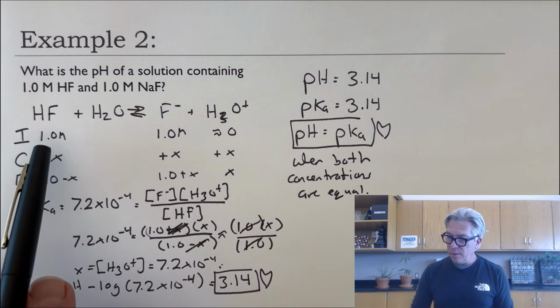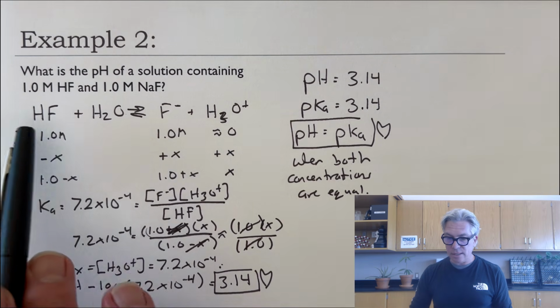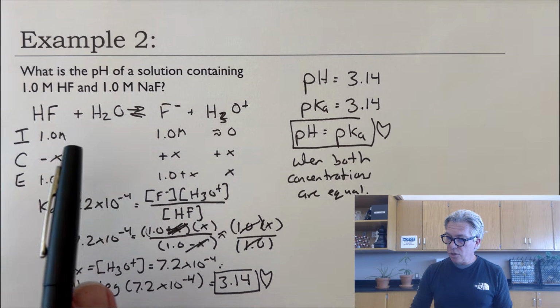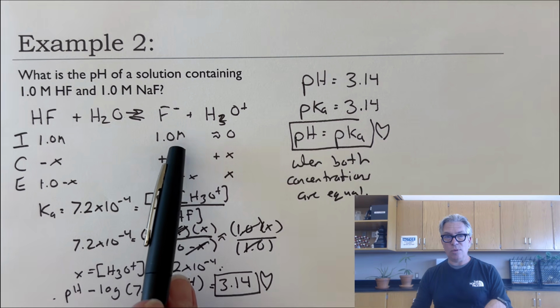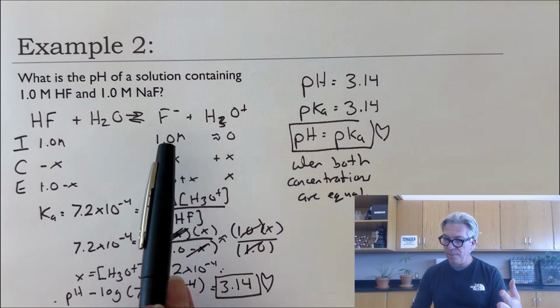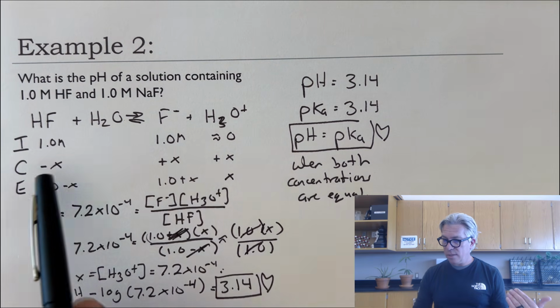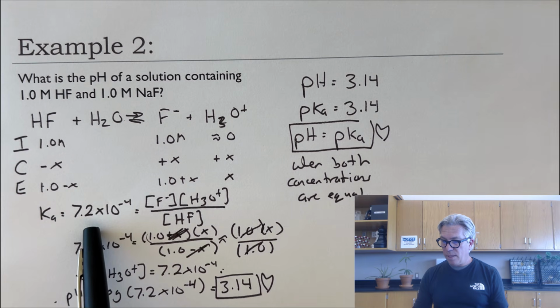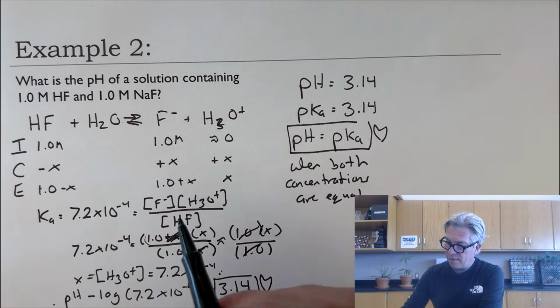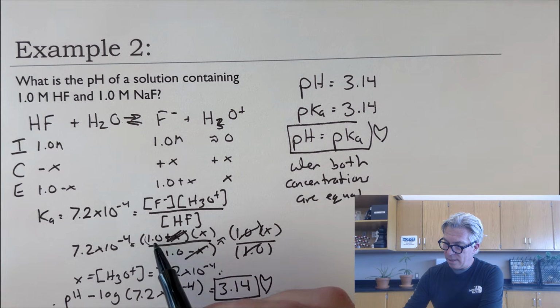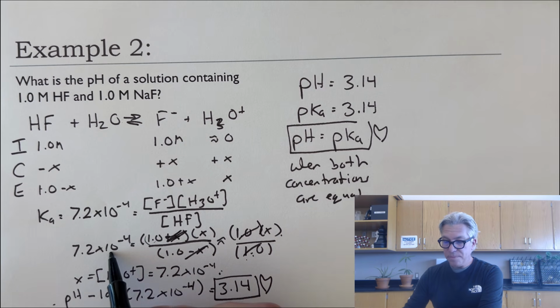So here we go. You can set up an ice table for that weak acid, like normal. Put your initial concentration of the acid, but also there's going to be an initial concentration of the conjugate base. So you can put that in there, set your X values, set it equal to the Ka value. And what will happen is, in this case, the concentrations of the F- and the HF are the same, so they end up canceling, and the X is equal to the Ka value.